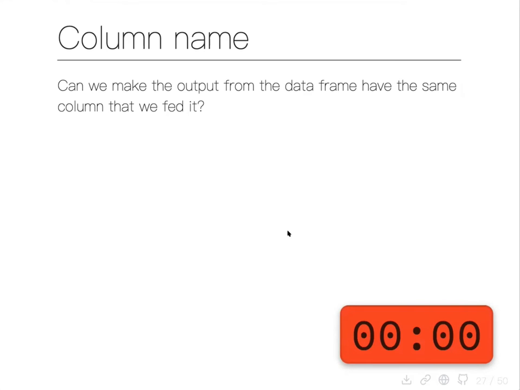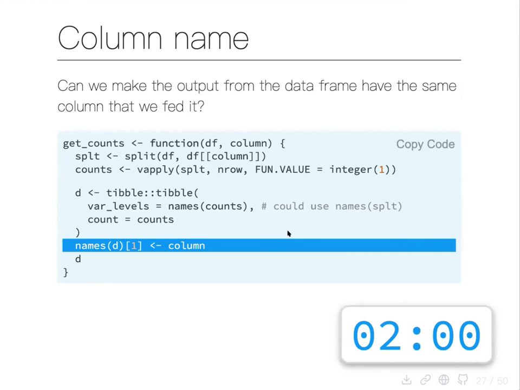All right, so again, multiple ways to do this. This is the way I chose to do it. So now I have my tibble here, but I'm just storing that in an object which I'm calling d. Then I just say the names of d, 1, saying give me the first column of that data frame, which is currently var levels, and redefine that to column.